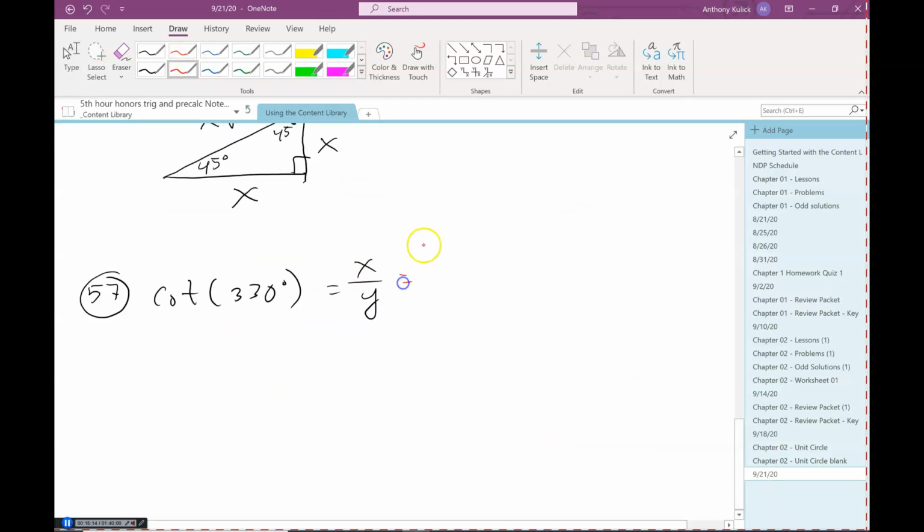So I have root 3 over 2 over negative 1/2. And then to simplify this, dividing by a fraction is the same thing as multiplying by the reciprocal. So the 2's can cancel out, and I'm left with just negative square root 3.